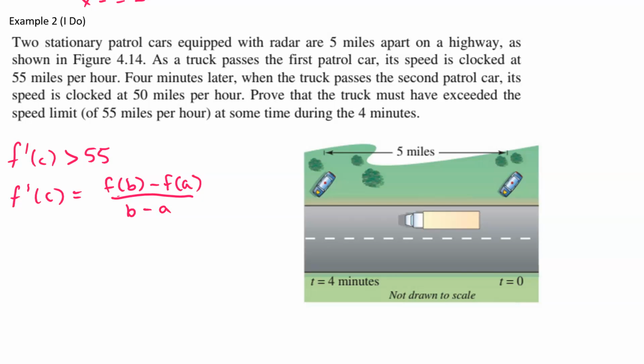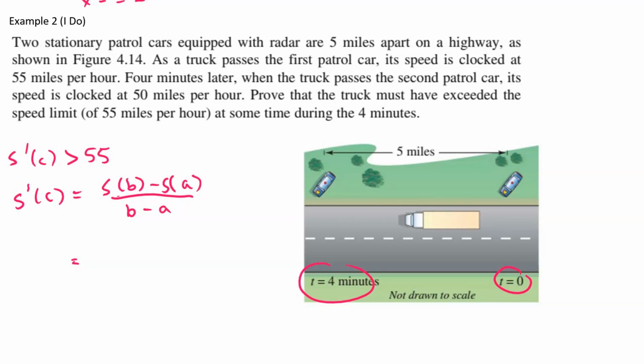So when we're talking about position, we normally use s, so I'm going to substitute that in for my f. So in this case, our endpoints, we start at t equals 0 and we end at t equals 4. Right?